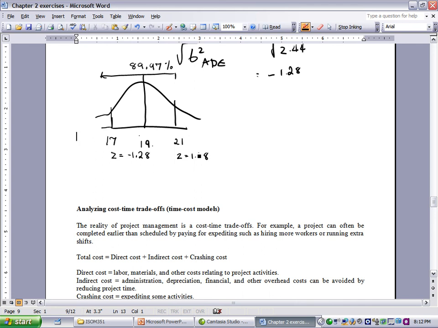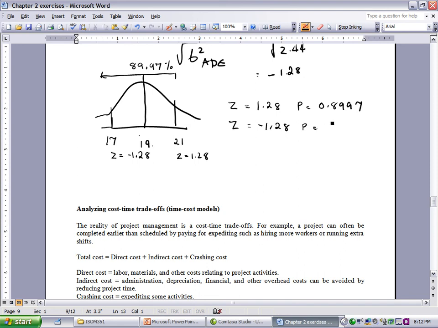As you can recall, if Z equals 1.28, P equals 0.8997, then Z of negative 1.28 will be the opposite side of 0.8997, or 1 minus 0.8997, so P is about 10%.